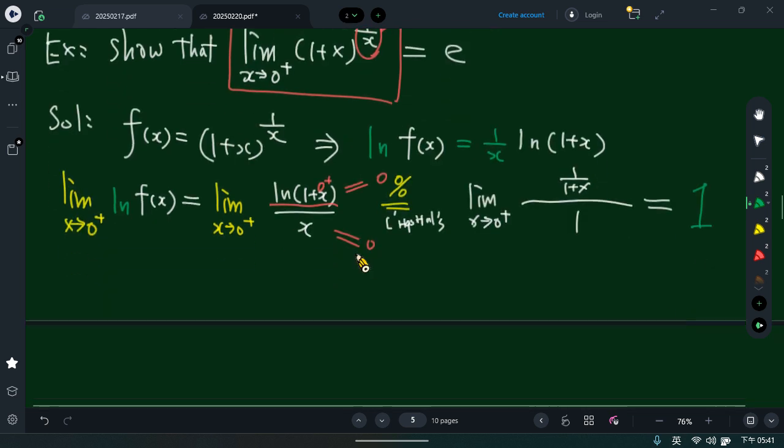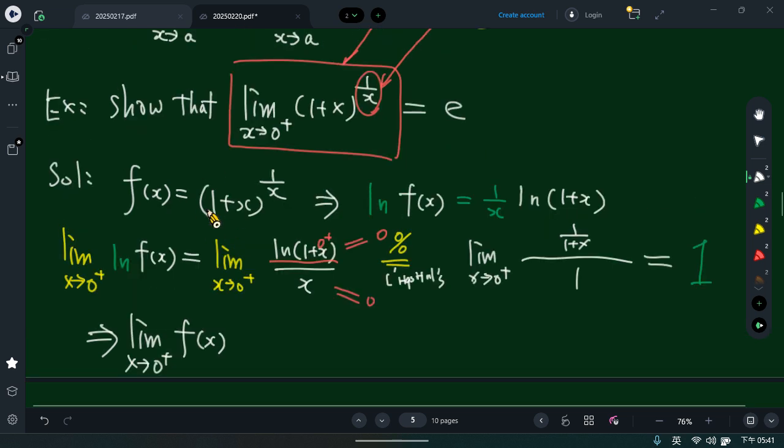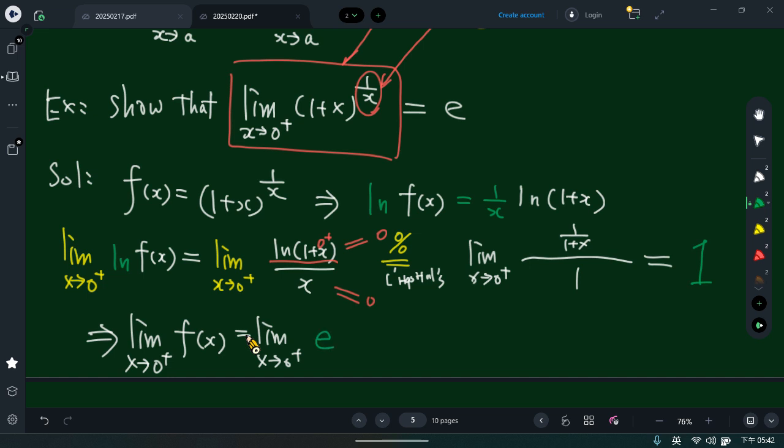So if you want to get the limit as x approaches 0 plus of f of x, that means the limit as x approaches 0 plus of e to the power of ln f of x.